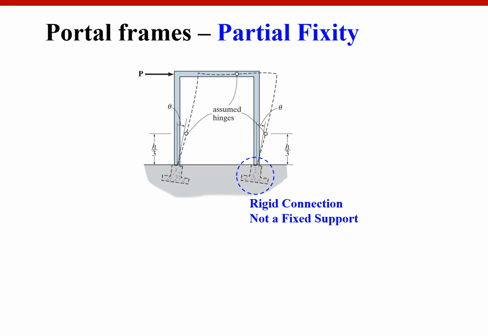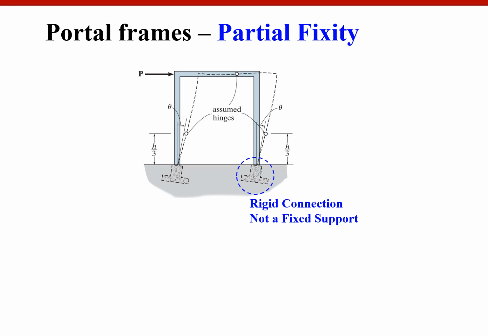If this column is rigidly connected to this foundation, then the angular rotation of the column and the angular rotation of the foundation will be the same. But if the foundation is not good enough, or not big enough, or not heavy enough, when the column tries to rotate, the entire foundation may rotate, so that the relative angle change between column and foundation is zero, which is a rigid connection.